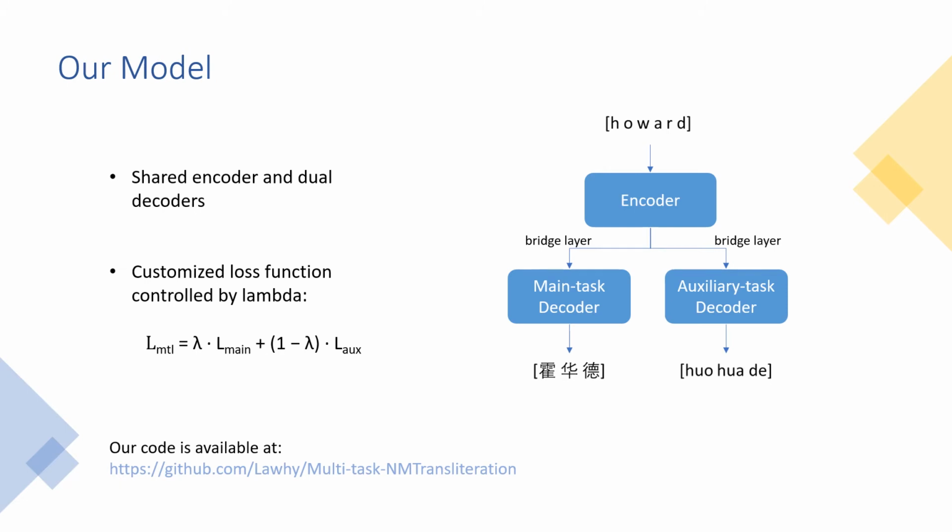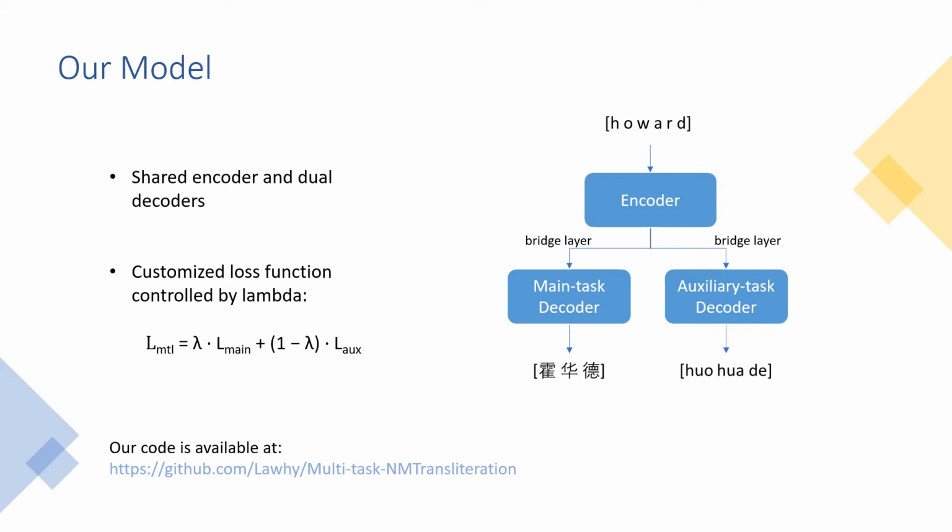We shall use the Howard example to present our model in the slide, where you can see that the source name Howard is fed into the shared encoder, which connects to two different decoders via separate bridge layers. The dual decoders here correspond to the main task and the auxiliary task transliterations, respectively.